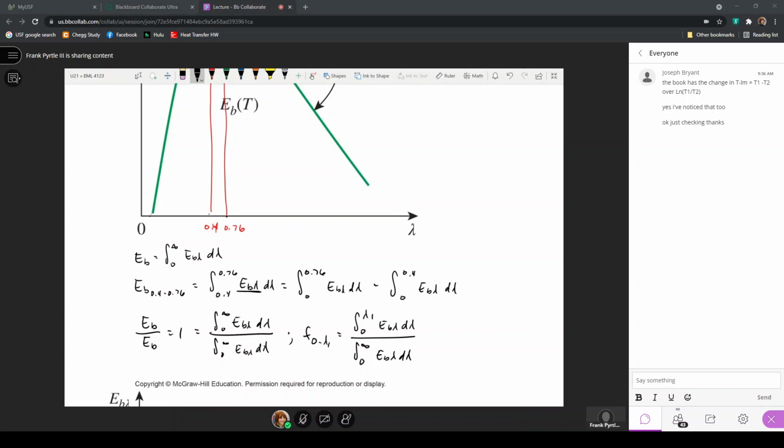So this fraction will be defined this way so that its value will be between 0 and 1, such that if lambda 1 is infinity, this fraction will just be 1. If it's any other value, it will be some fraction less than 1. And so we can use those to define from 0 to 0.76 and 0 to 0.4, take the difference between the two, and that gives me the emission that occurs in this band that is the visible light spectrum.